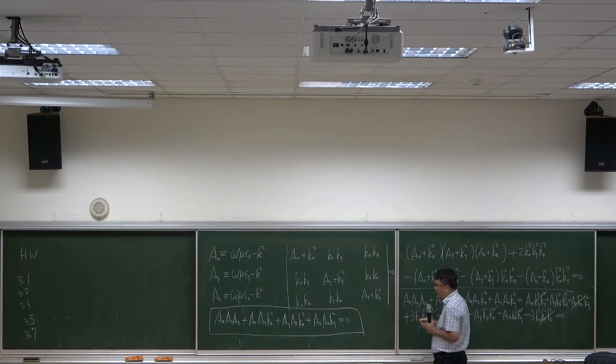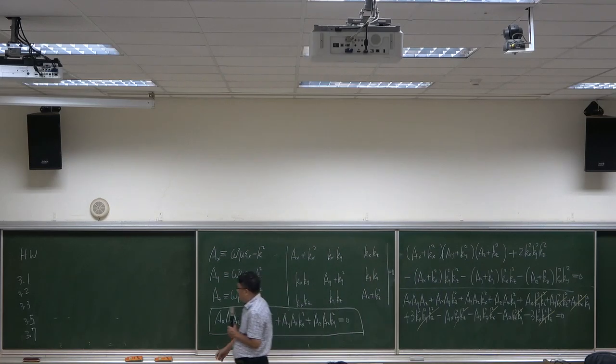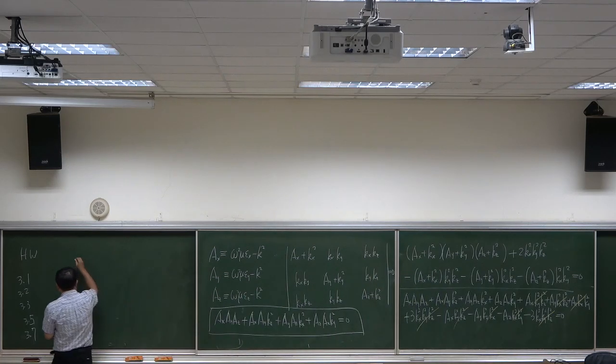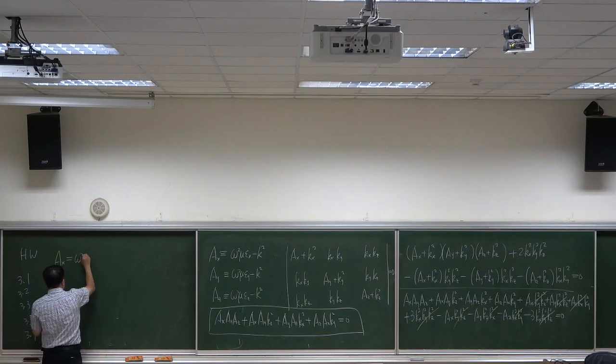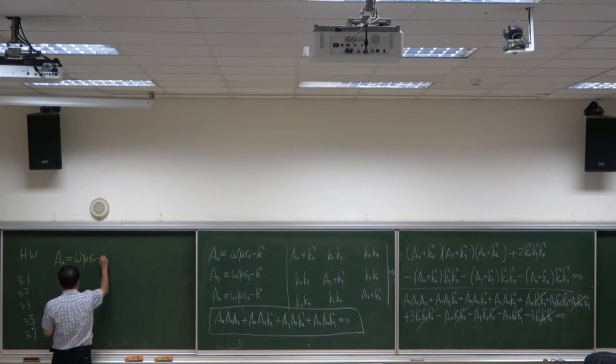So now we have this relation. And what does it mean? First, we know that Ax is equal to omega squared mu epsilon x minus k squared.